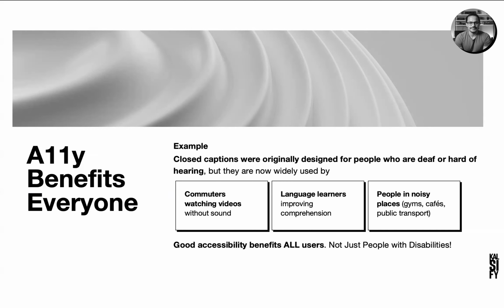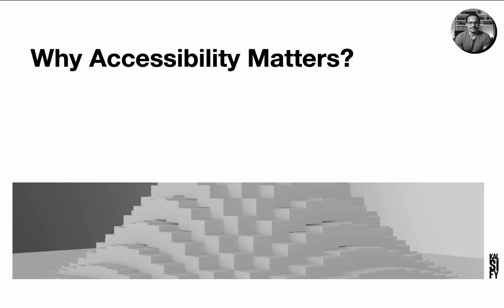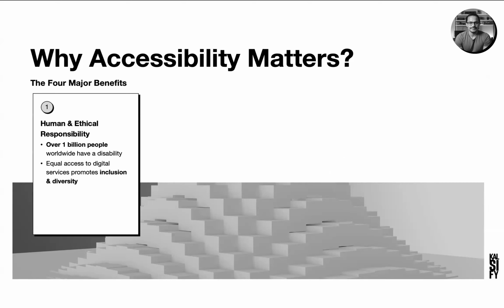Let's get real for a moment. Why should you or your team actually care about accessibility? I've got four big reasons for you. Let's break them down. First, it's just the right thing to do, the human and ethical side. Over 1 billion people around the world live with some form of disability. That's a huge part of our global community.